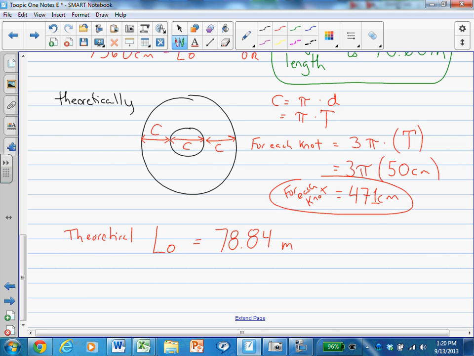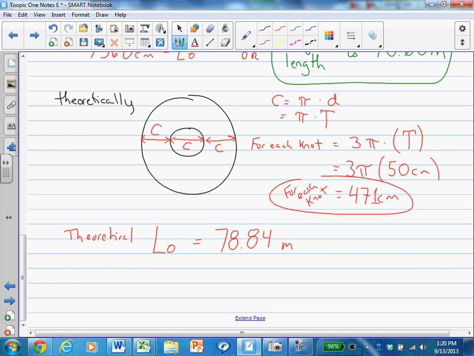So what does that mean? That means we just took the knot and looked at its geometric shape. From its geometric shape, we could figure out how much rope is lost each time we tie one of these things. So that's what I did here. And I see that for each knot, it's 471 centimeters of rope that will be lost.